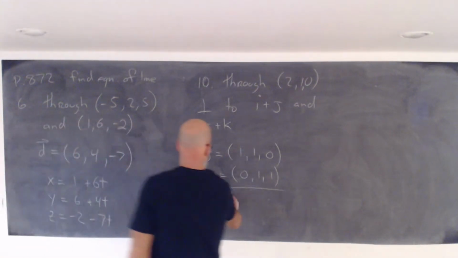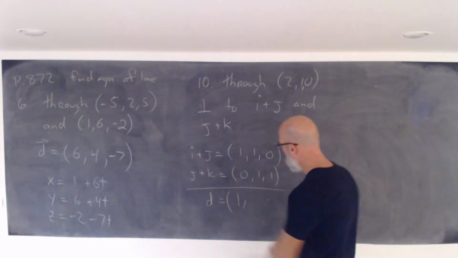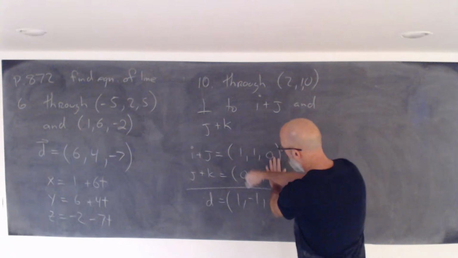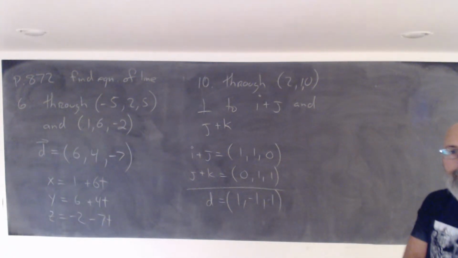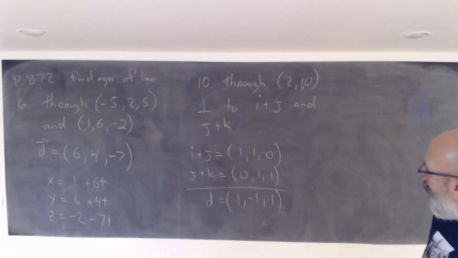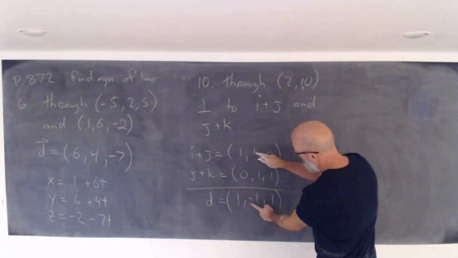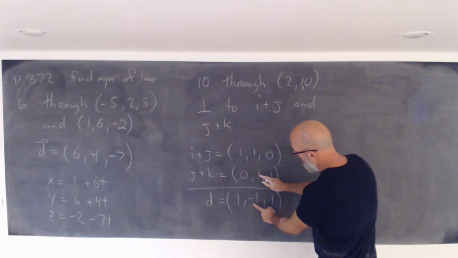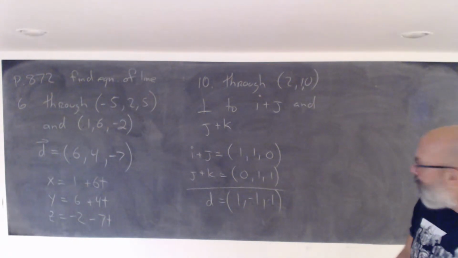And what vector is orthogonal to both of these? (1, -1, 1). Let's check. Dot product: 1 minus 1 is 0, plus 0 is 0. 0 minus 1 plus 1 is 0. This vector is orthogonal to both.